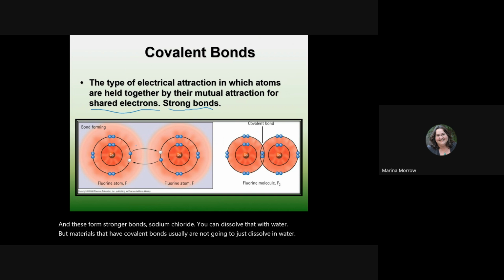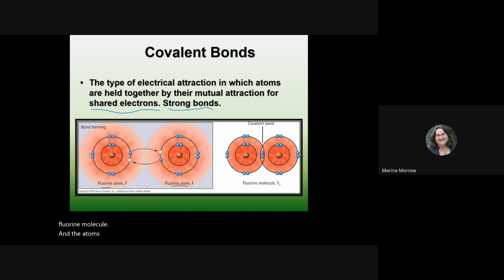Okay, so sometimes this happens between 2 atoms that are equal in strength. And so like fluorine wants to join with another atom because it wants 1 more electron. It has only 7 in its outer shell. But if there's only fluorine around, then it will form a fluorine molecule. And the atoms share their unpaired electrons.